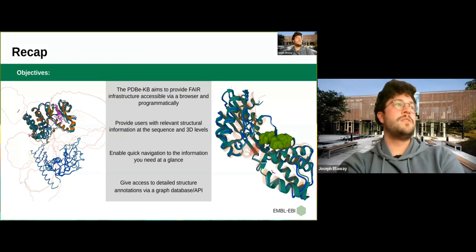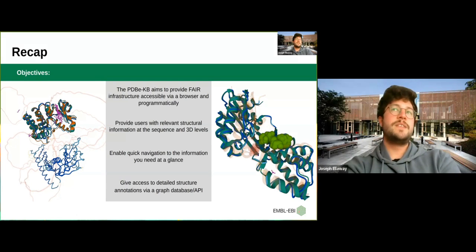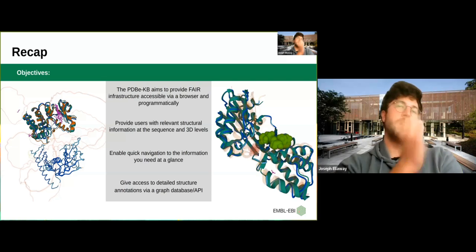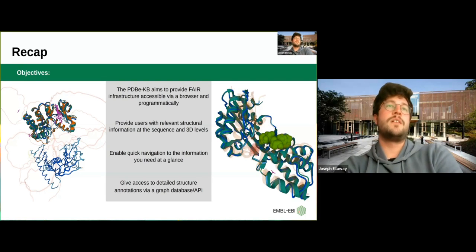Hopefully you'll find that you can quickly navigate to the information you need at a glance, and maybe then download it programmatically if you need to later. And we also want to give you access to those detailed structure annotations via our graph database, or by accessing it through the API endpoints, like I said earlier. So if you would like to, you can download the entire graph database and run Cypher queries on it, because it's a Neo4j database.